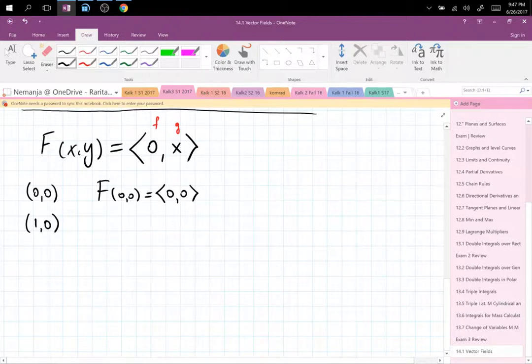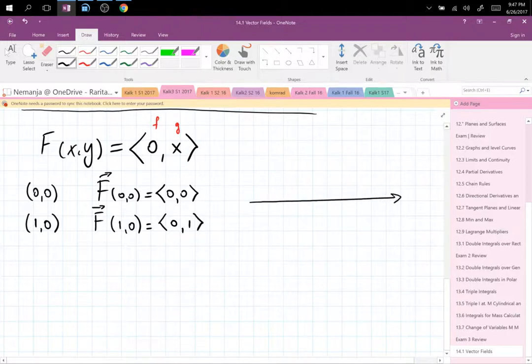You decide to try 1, 0. So we're computing a vector now at 1, 0. So x is 1, so we get 0, 1. Well, actually, I can plot that. So at 1, 0, which is here, point 1, 0, I have a vector 0, 1, which is this little guy.